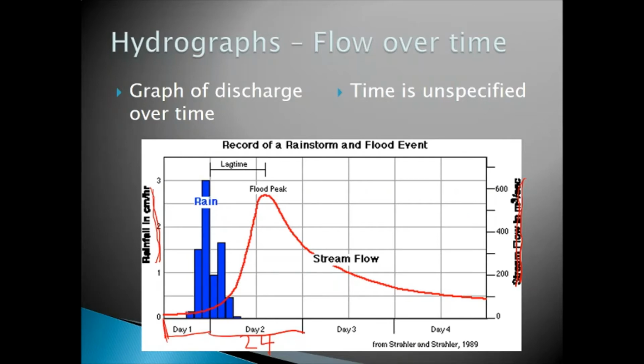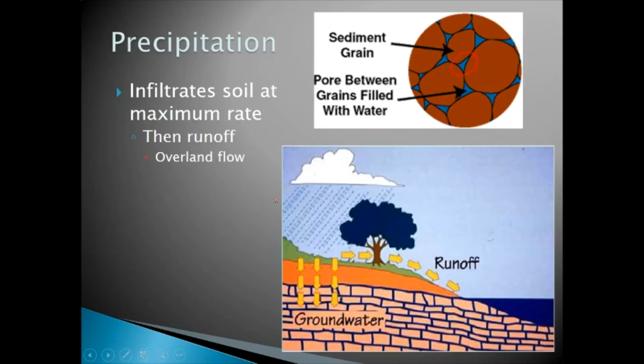So what we see is we get some rain, some sort of storm event during this night. And there's a lag time between the rain peak, or when the rain starts, and the flood peak. That's not necessarily surprising. Let's go back to this picture. Rain falls down, and water infiltrates into those pore spaces first, and then it goes into the groundwater.